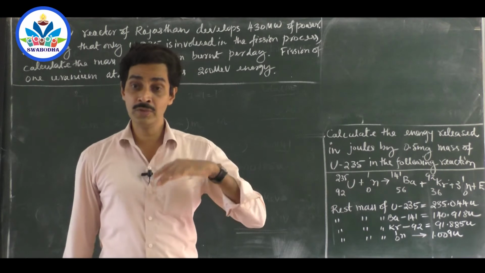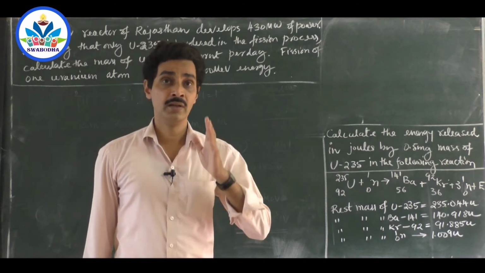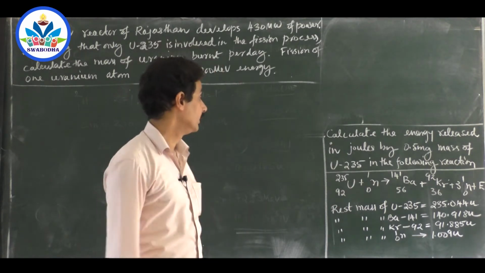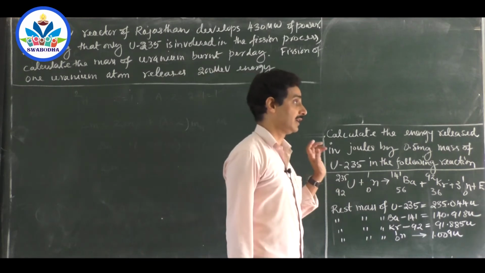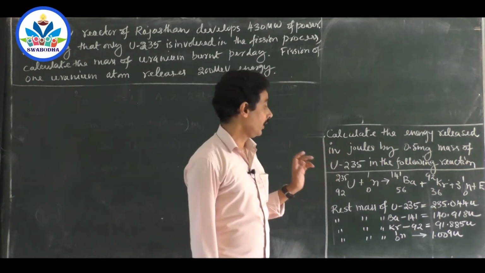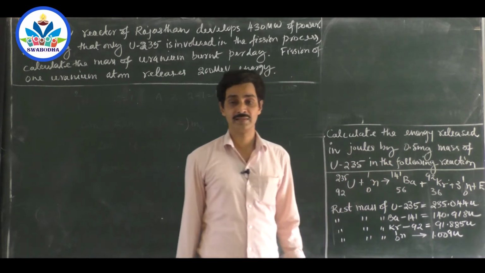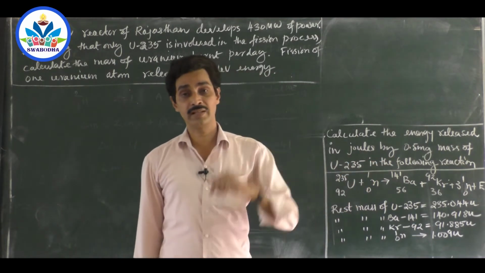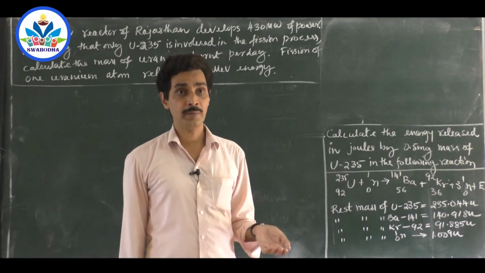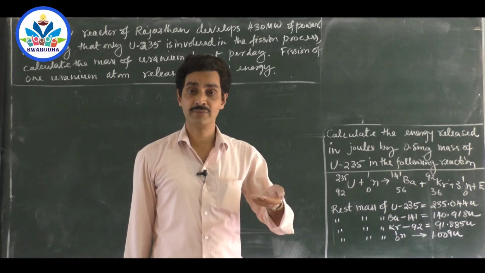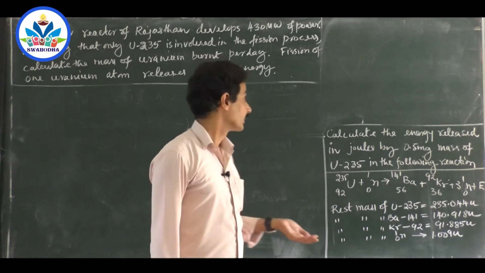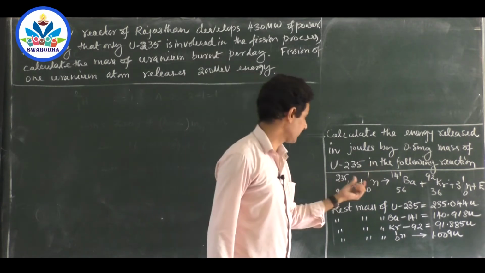How many such uranium nuclei will be present in 0.5 milligram of uranium? That you have to calculate later, because if you want to calculate the total number of uranium nuclei present in 0.5 milligram, you should go for the Avogadro number, because Avogadro number of molecules make a mass of A, that is 235 gram.